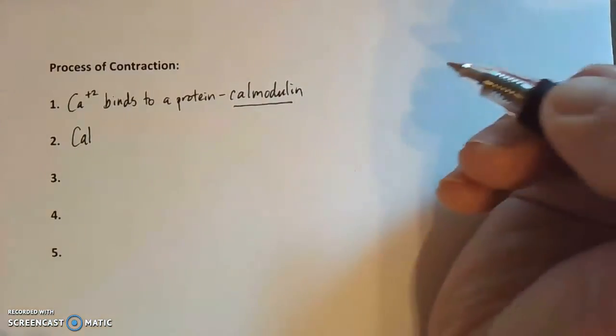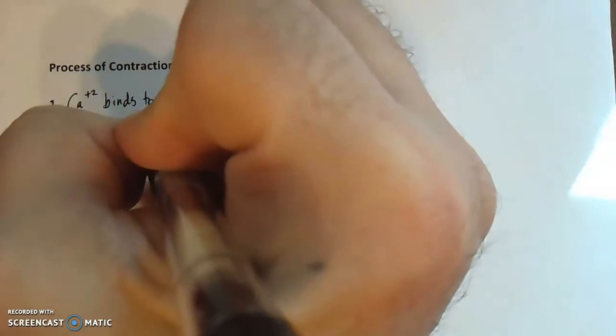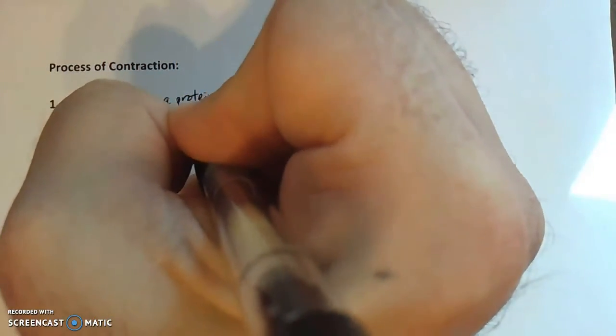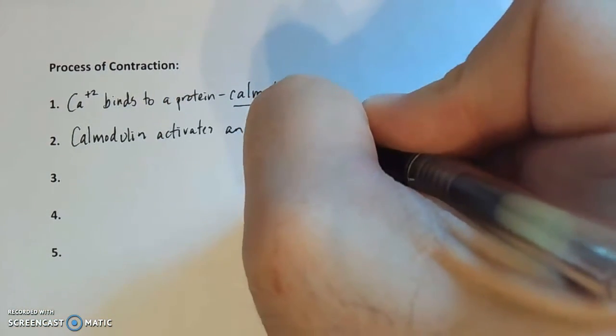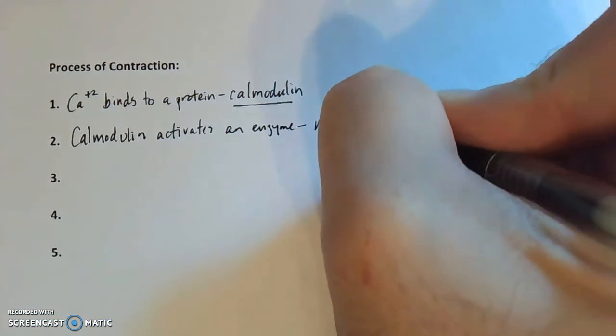And then we start a series of reactions. Calmodulin activates an enzyme, myosin kinase.